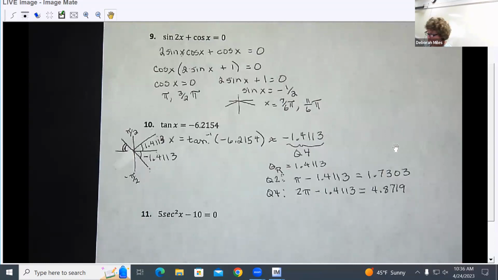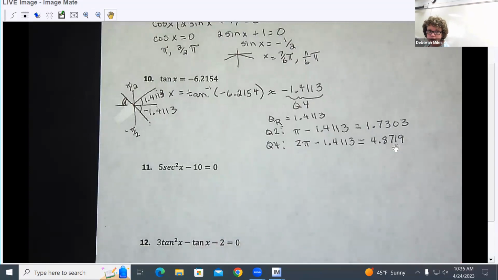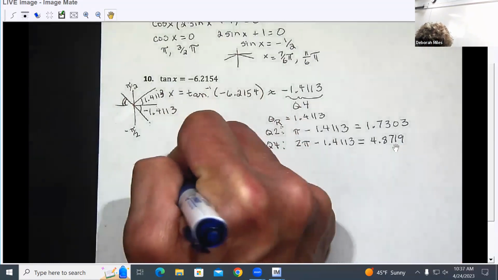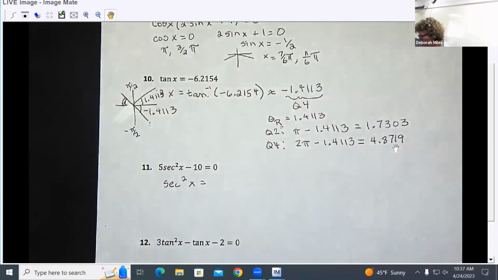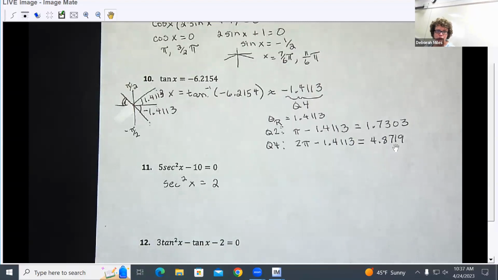All right, number 11. First thing I think is that looks like a quadratic equation. So I try to solve it like a quadratic equation. I would isolate the secant square by adding 10 and dividing both sides by 5. I get secant square is 2.